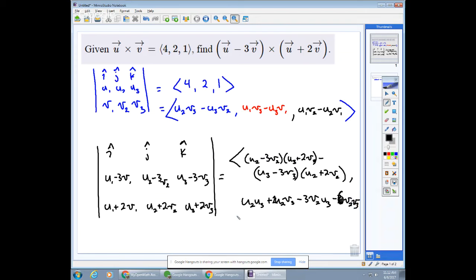That's that one, and then we'll have to subtract. There's got to be an easier way to do this. Oh, wait, this might work out nice.